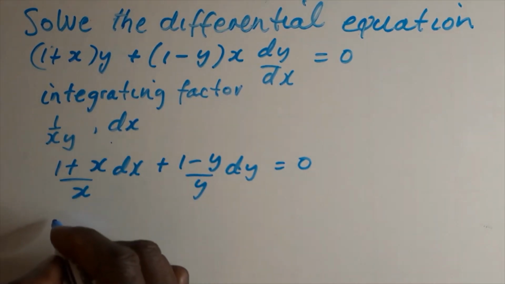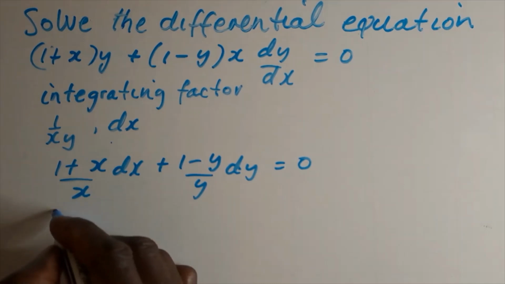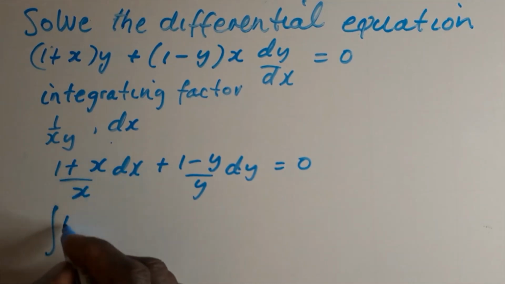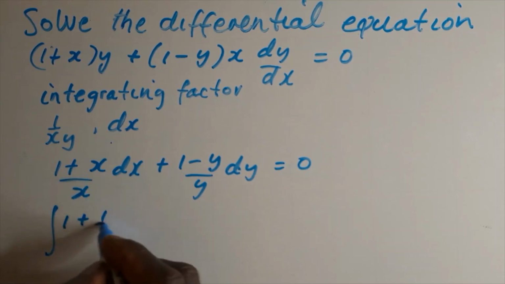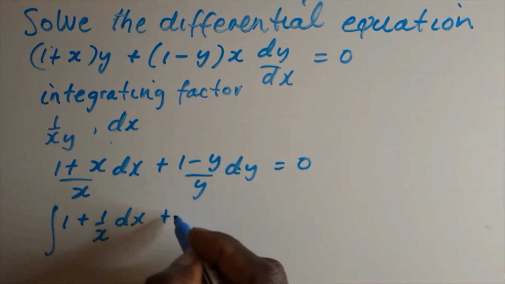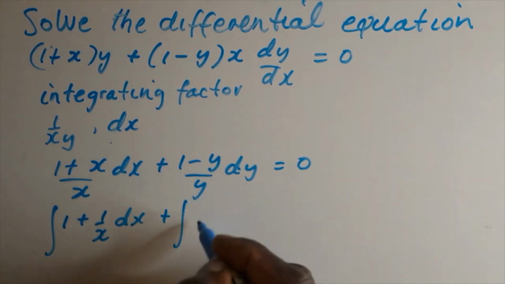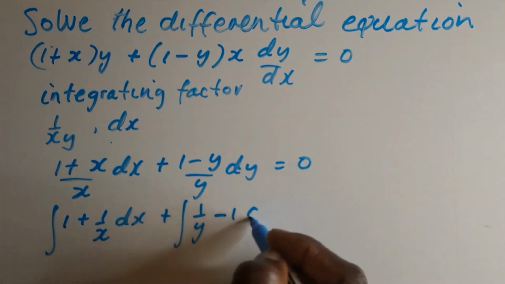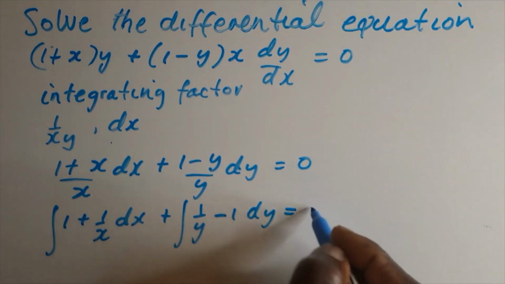Now we can integrate. We can express this as the integral of (1 + 1/x) dx, and this as the integral of (1/y - 1) dy is equal to 0.